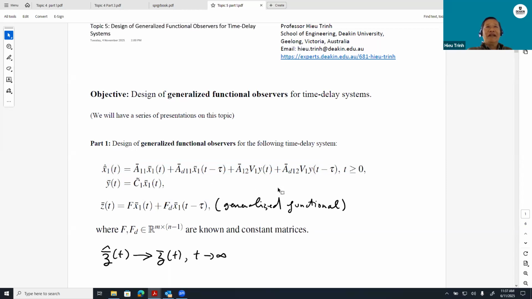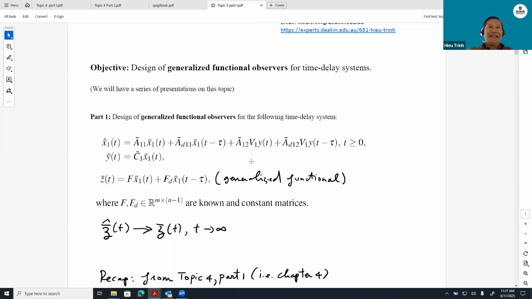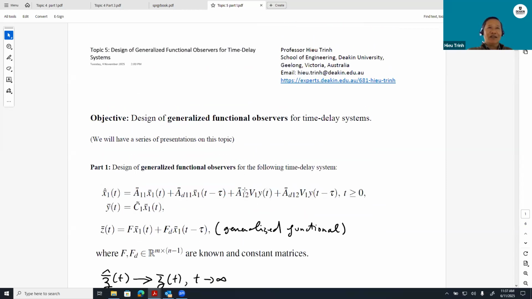But still, this is a new problem because we want to estimate directly. Okay, and it will be a very interesting discussion because we will see that if we do option one, where, in order to realize an estimation of a delay stack variable, we design a stack observer for that term instantaneously and then delay it, it doesn't work.